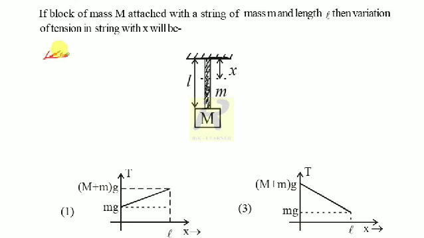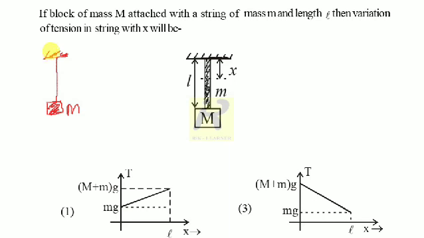If this is the support and this is the rope, and here is the mass M, if you don't neglect the mass of the rope, then as you come down, the mass beneath a particular level reduces.